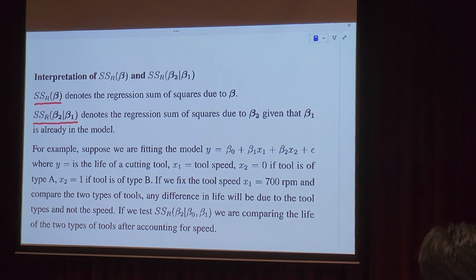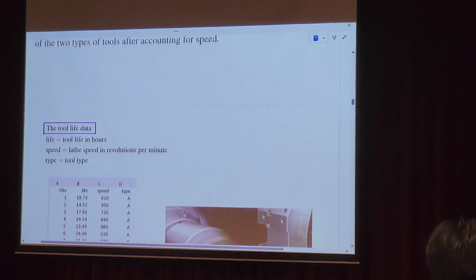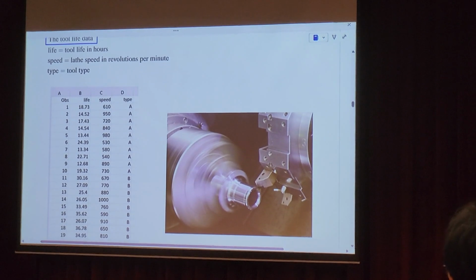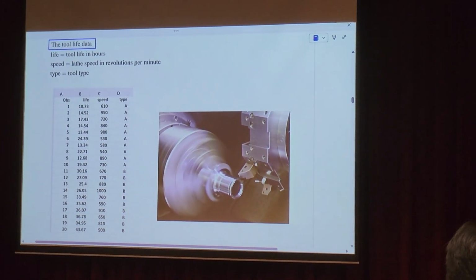I still have not explained to you what it means to be already in the model. You need to understand this, because it's very important. So let's look at one example, called the tool life data, that we will come to later in this course.